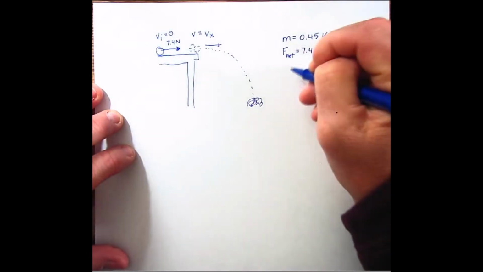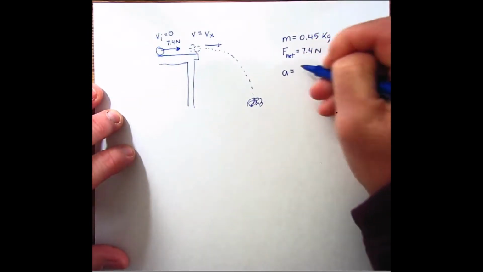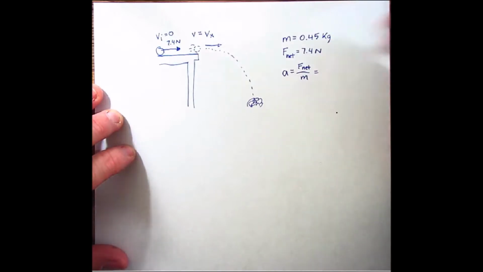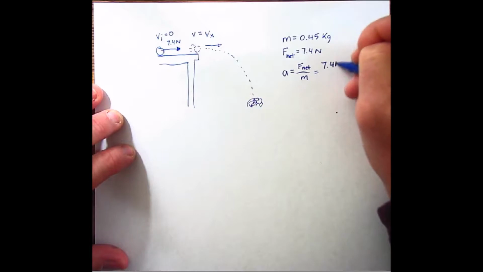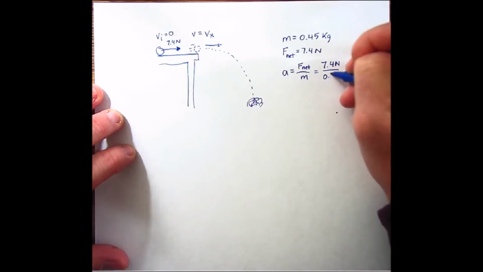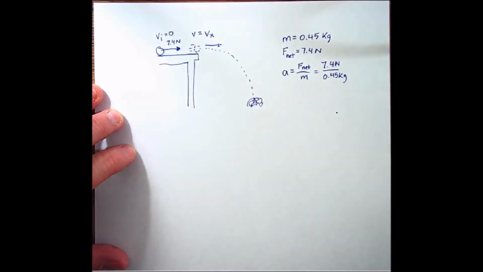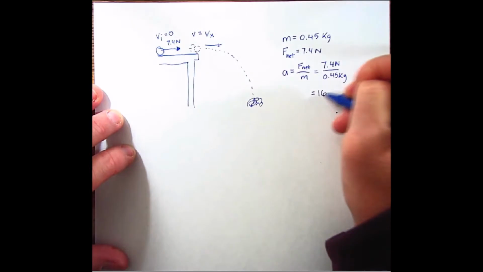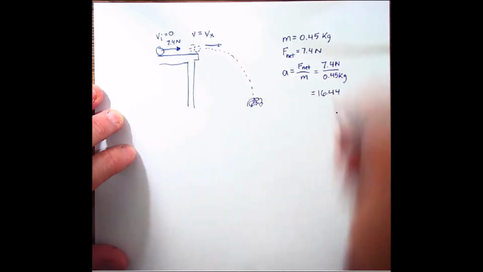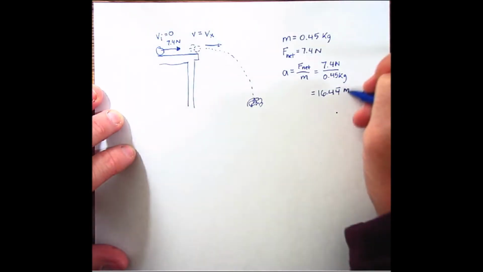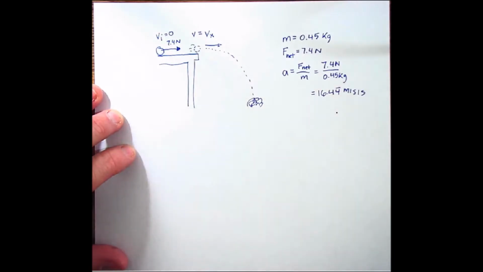With mass and net force, I can find acceleration. Net force divided by mass equals acceleration. And so when I take 7.4 newtons and I divide by 0.45 kilograms, I get 16.44 repeating meters per second per second.